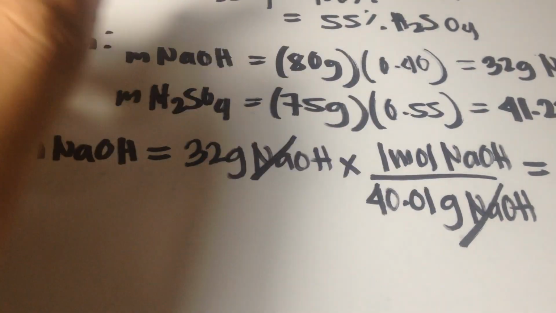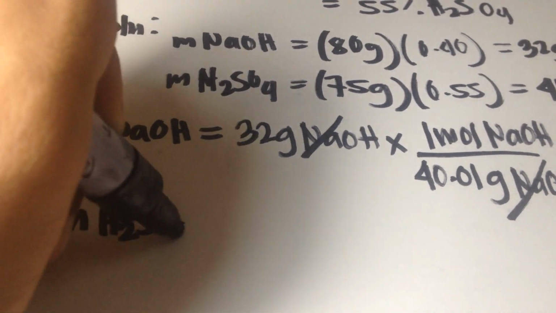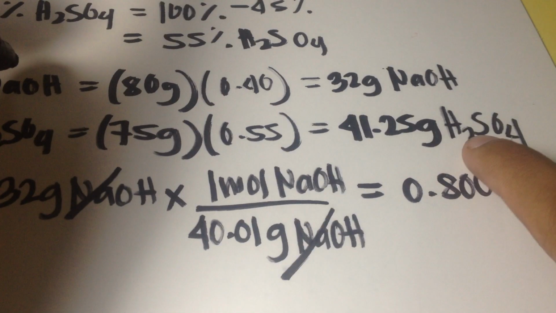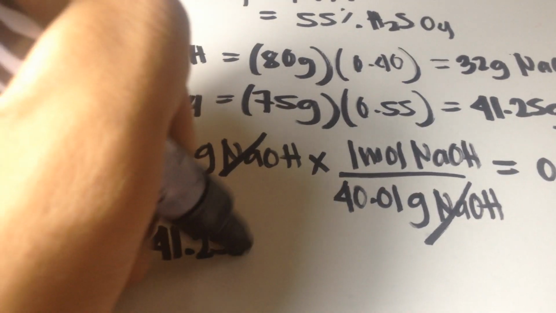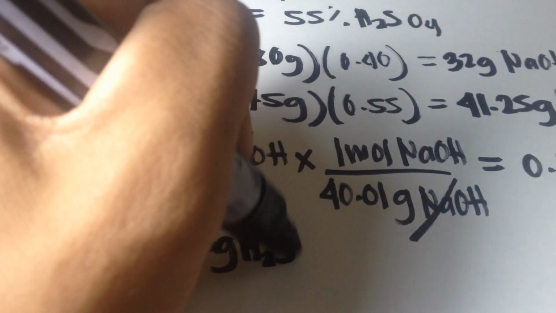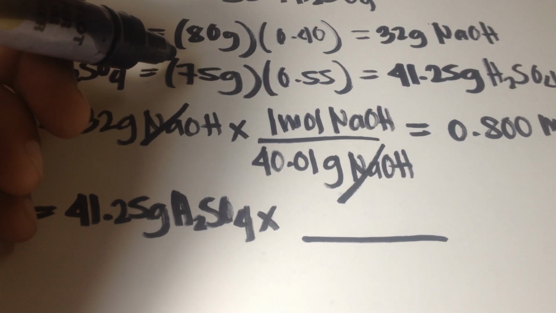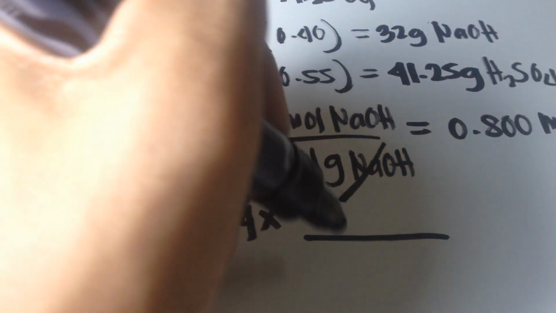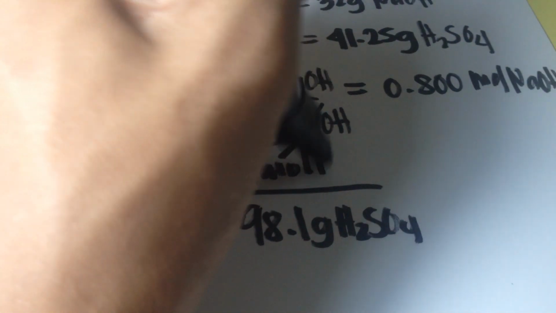Okay, and then we have moles of sulfuric acid equal to 41.25 grams of sulfuric acid times 1 mole over the molecular weight of sulfuric acid, which is 98.1 grams.